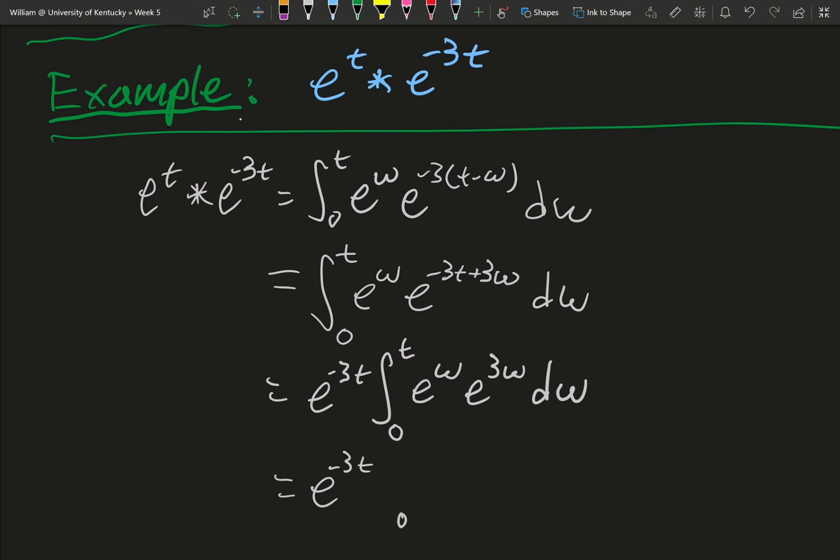Okay, so we'll note here, this is just e to the 4w. So if we take the integral of that, we end up with e to the 4w over 4. And then we're taking that from w equals 0 to w equals t.